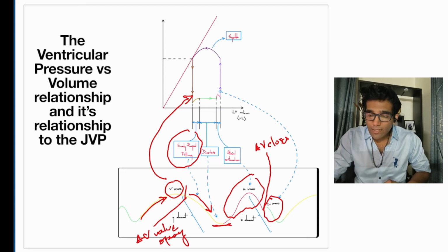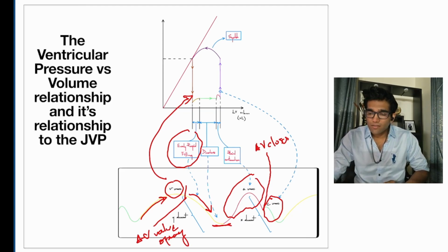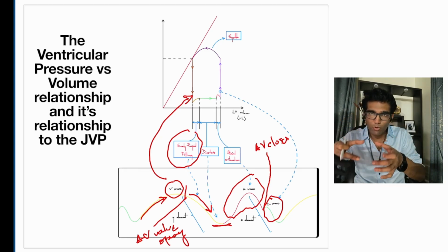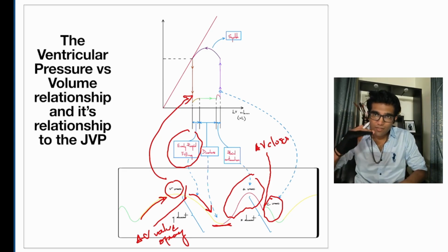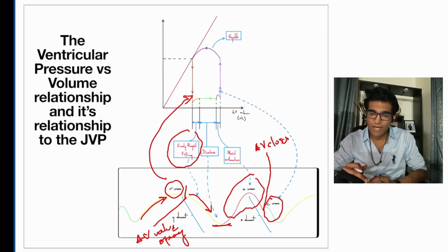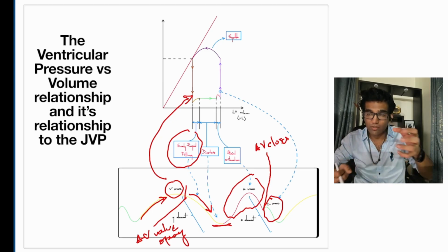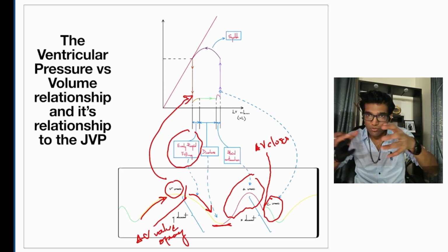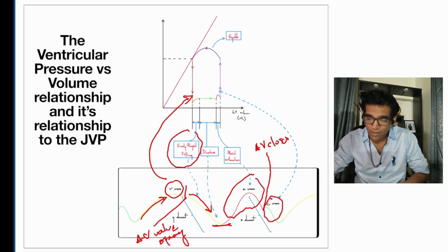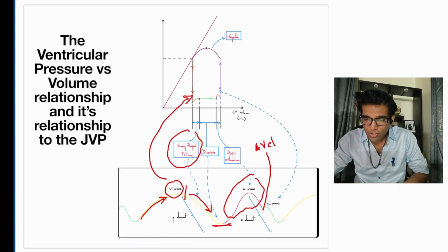And once the ejection starts, the ventricle becomes smaller in size. So as a result, the annulus is pulled down. The tricuspid valve annulus is pulled down. So that results in further decrease in the pressure within the right atrium because it is being pulled apart. So the volume of the right atrium is increasing. Now, therefore, the X descent depends on two parameters.